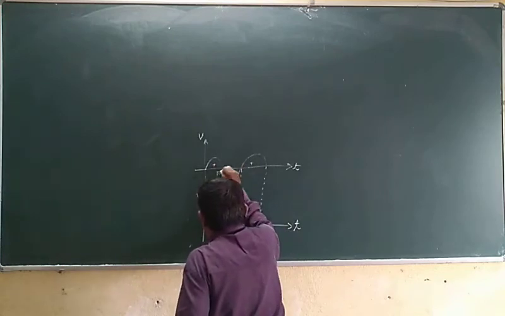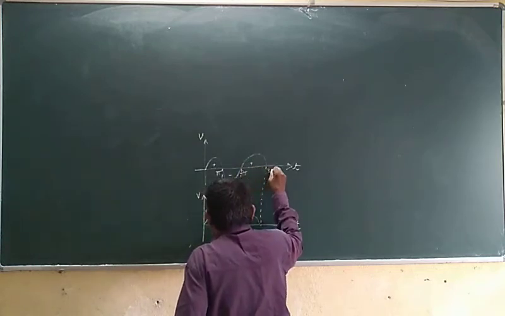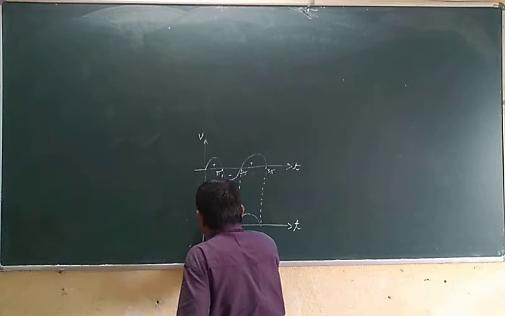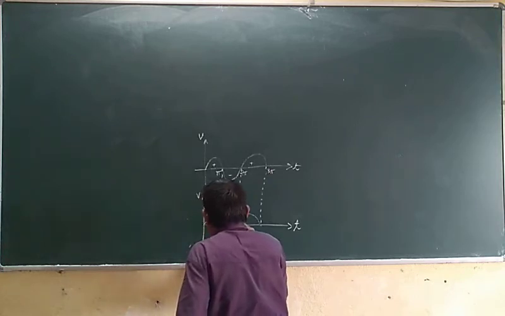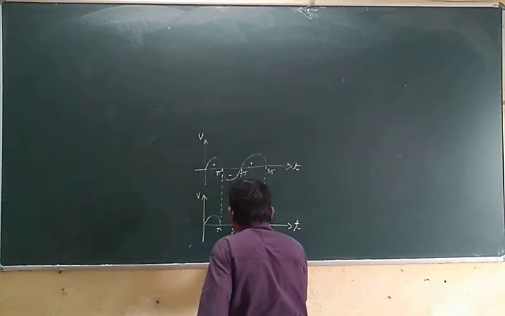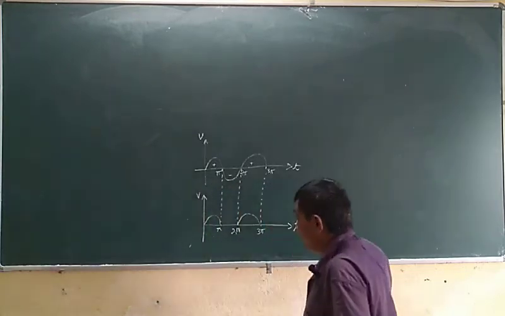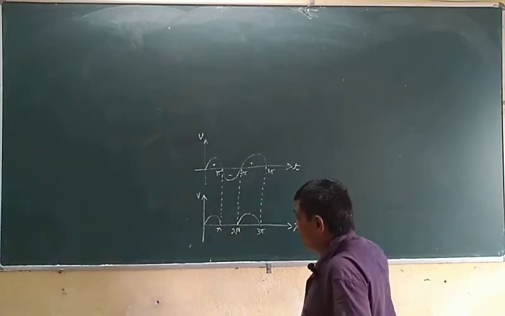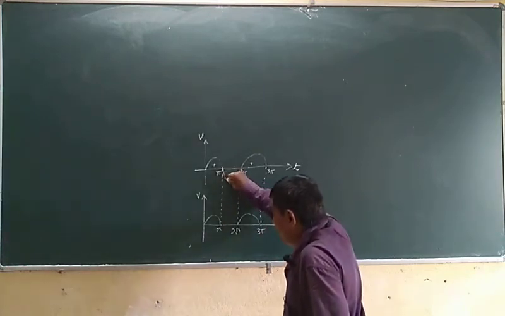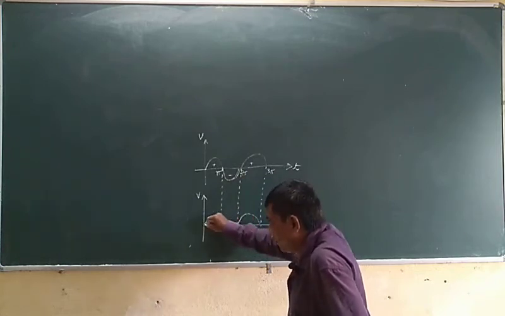This is the time axis: pi, 2 pi, 3 pi, and so on. This diagram shows that the negative half cycles are not conducting.